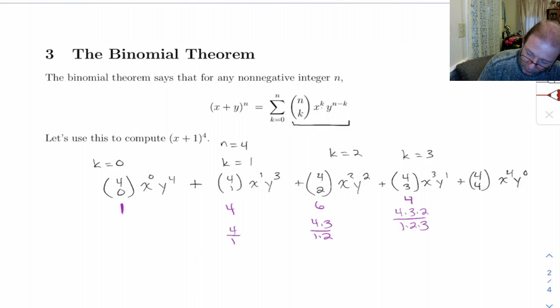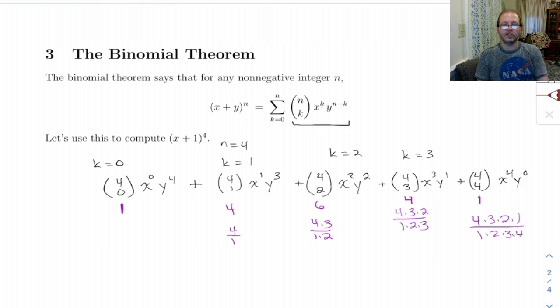Then 4 choose 4 is also just going to be 1. But how do we do that? Well, 4, 3, 2, 1 over 1, 2, 3, 4. So by using the tip there on each of these, we can come up with these numbers.